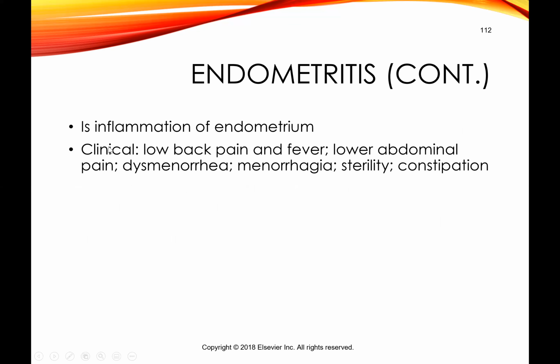Here are some of the clinical signs: low back pain and fever, lower abdominal pain, dysmenorrhea, menorrhagia, sterility, which is just having trouble. You're going to have infertility problems if you get PID, most likely, and constipation.